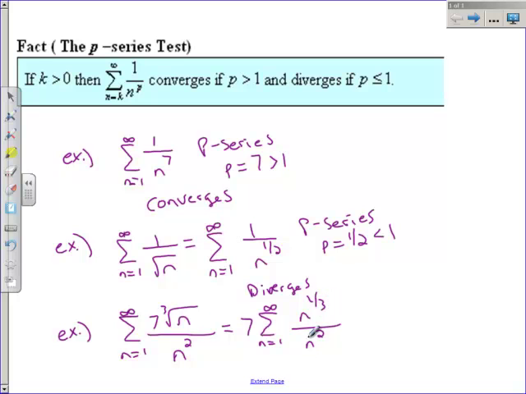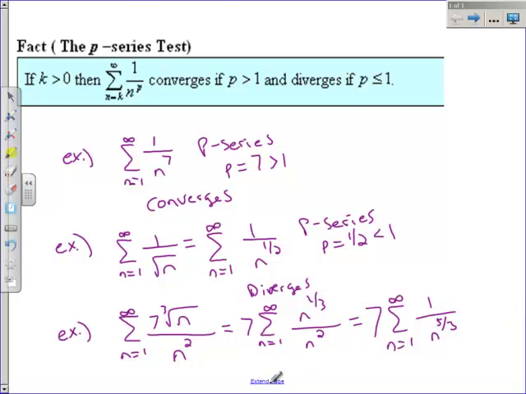If we have like base and we have exponents, we can subtract those. So let's see what that works out to be. We subtract 1/3 minus 2, which is negative 5/3. So n to the negative 5/3 is the same as 1 over n to the 5/3.